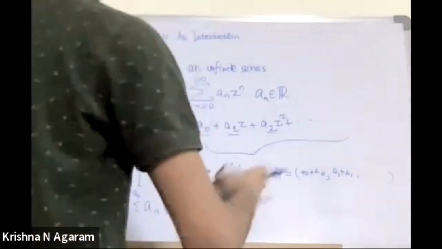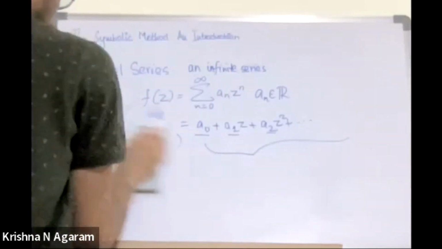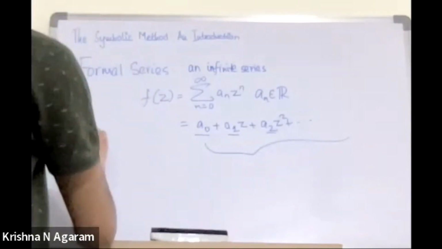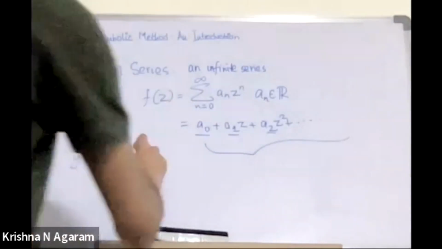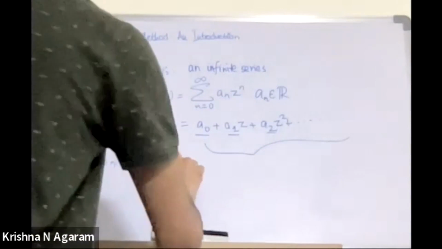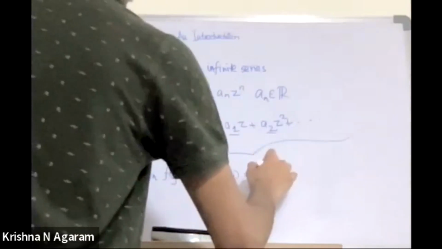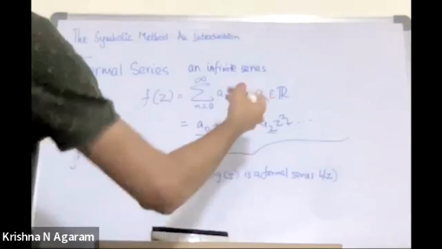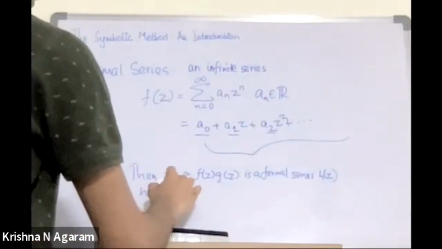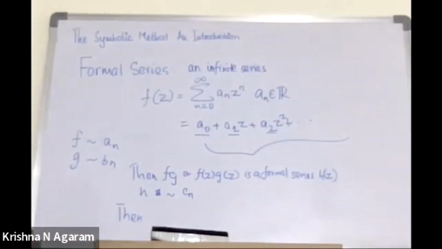And multiplication is also how polynomials would work. Again, if f is an and g is bn, then fg, or f of z times g of z, is a formal series h of z, where h is c0 plus c1z, and so on.